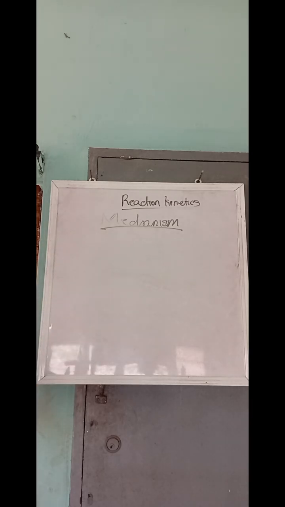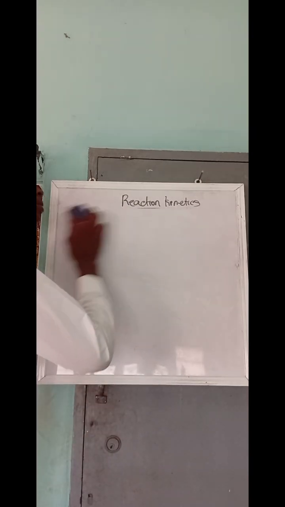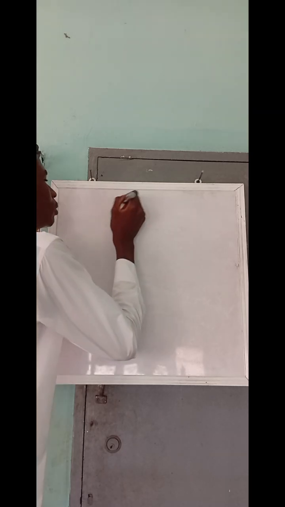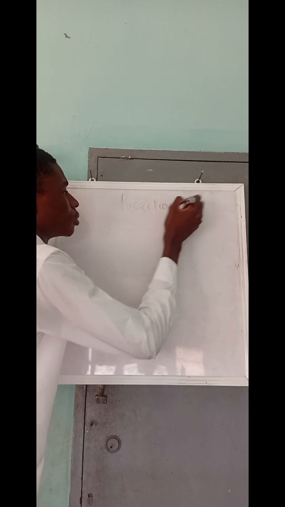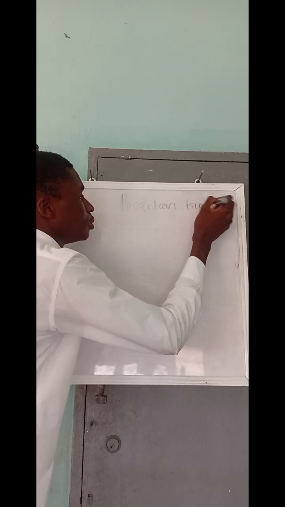Now that we have understood this, let's go to the elementary steps. When we are talking about the elementary steps, we are talking about the particular steps that make up the overall reaction.